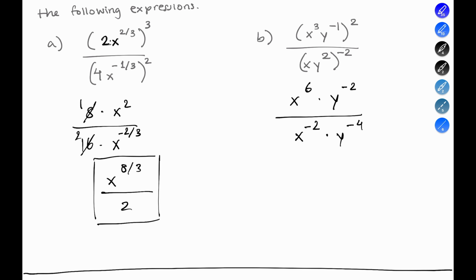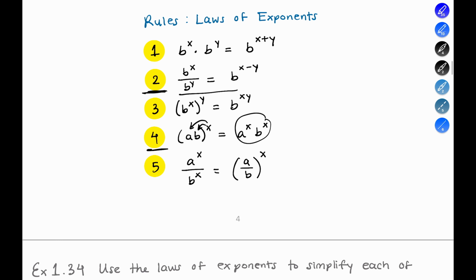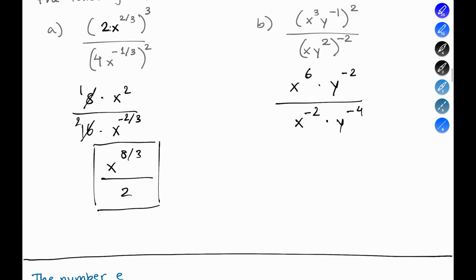Then we can see that we can use the second rule again to simplify this expression to the furthest. So using the same logic that we did over here, we can do x to the power of 6 minus negative 2, which will then become x to the power of 8.